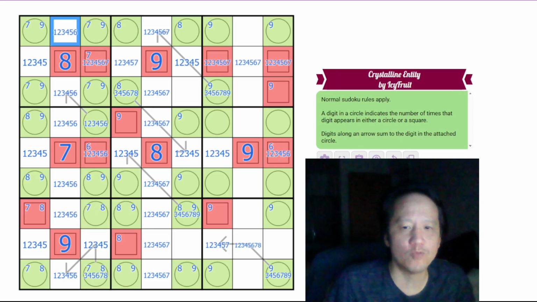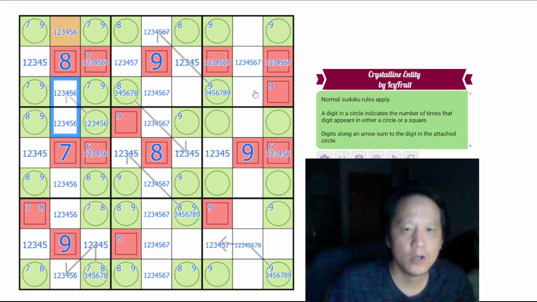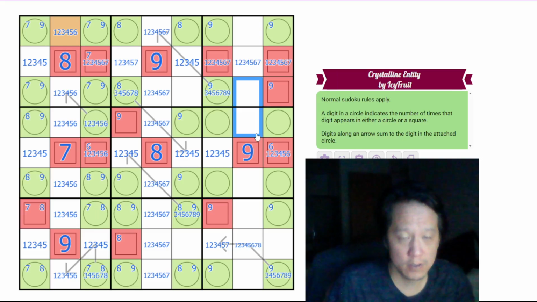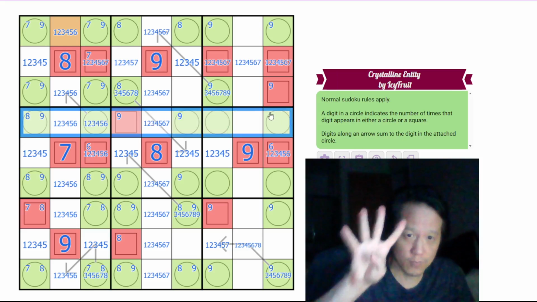If you have one that's here, say, and you have another one, where is it in rows 6 and 9? One of them has to be here, and the other one has to be here. Guaranteed. That means orange cannot be here, here, and here in row 4 specifically, right?